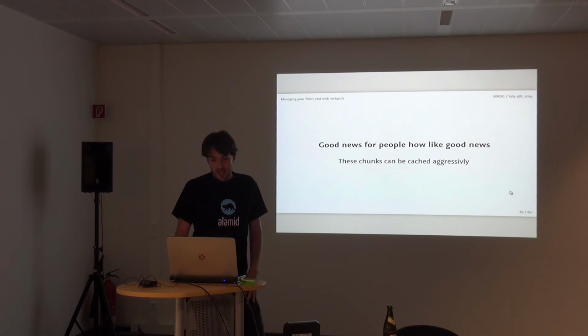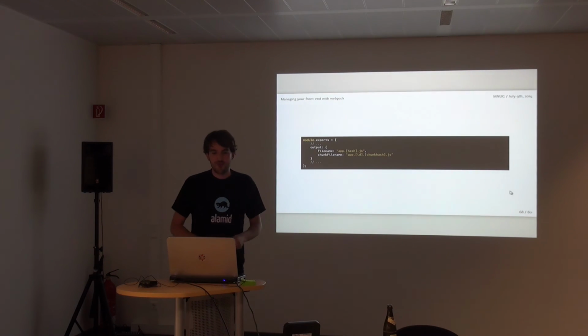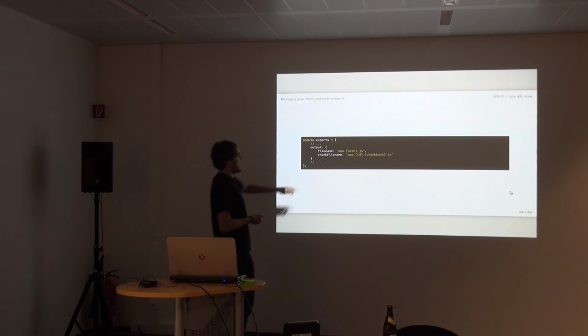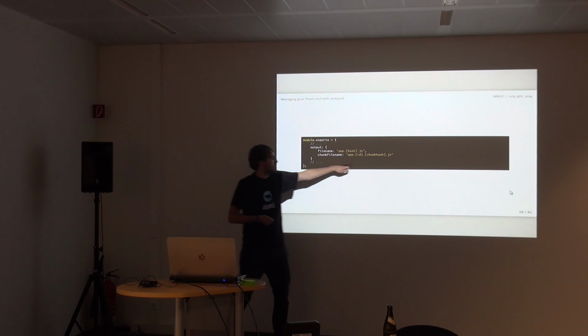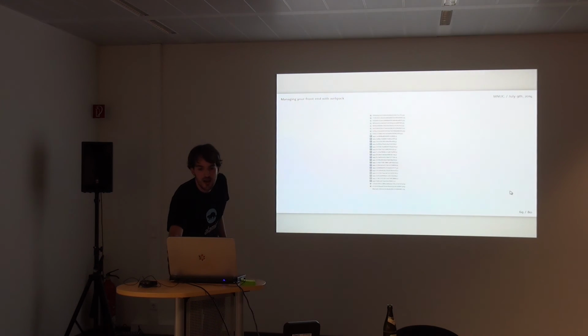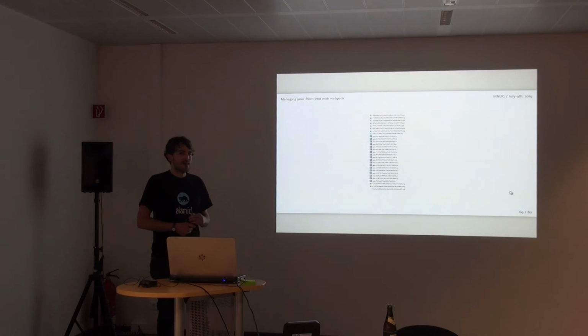Good news for people who like good news, these chunks can be cached aggressively. So if we configure our Webpack to use hashes in our bundle names and chunk hashes, Webpack generates this. You don't need to read it in the back.